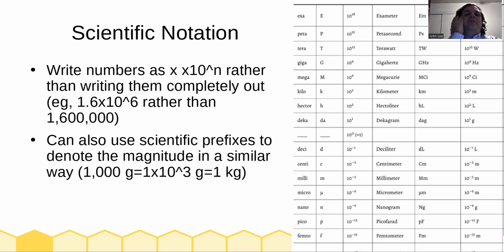So for example, 1,600,000 is going to be 1.6 times 10 to the 6, because there are 7 digits, but we only care about the digits past the first, or we try to simplify the digits past the first one. So we take 1, and then that 0.6.